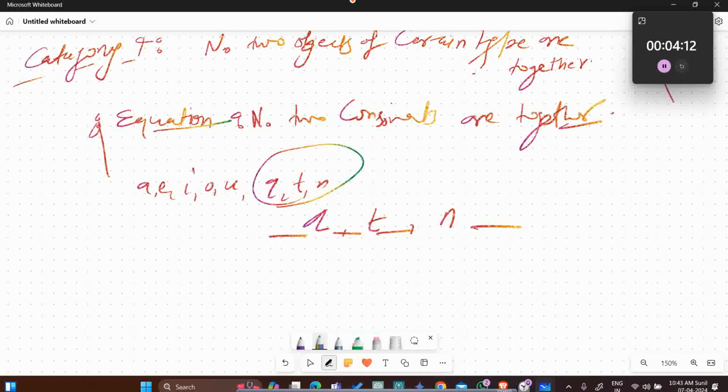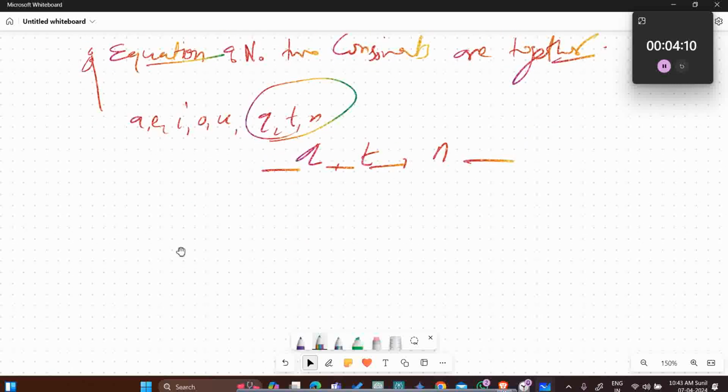How many places are there? 1, 2, 3 and 4. 4 places and 5 vowels. How many ways can they sit here? Is it 5? No, because this is permutation here. These are all distinct and do not repeat themselves. Unlimited repetition? No.